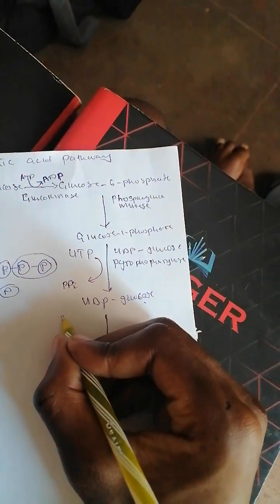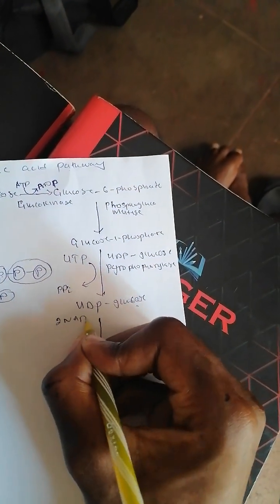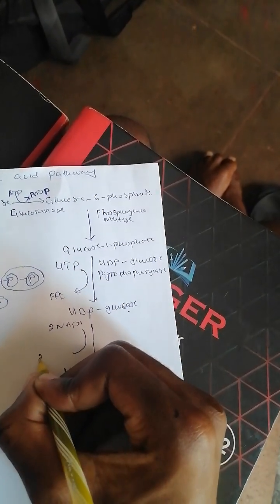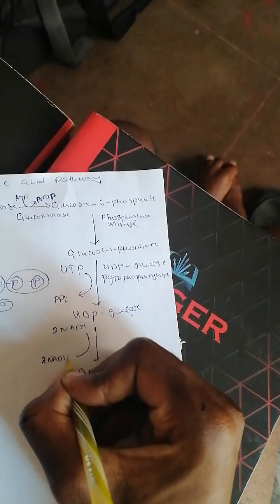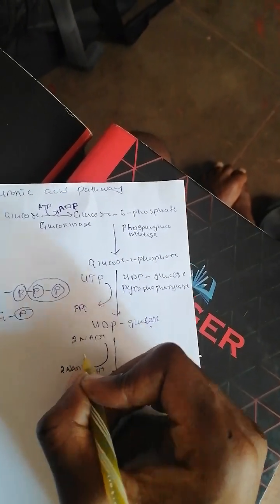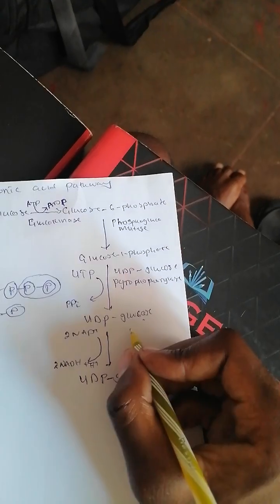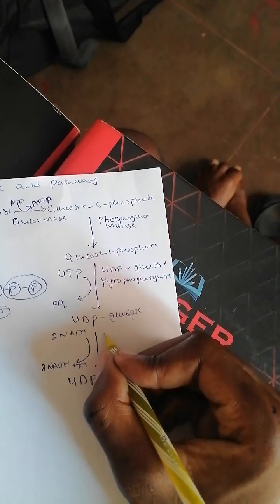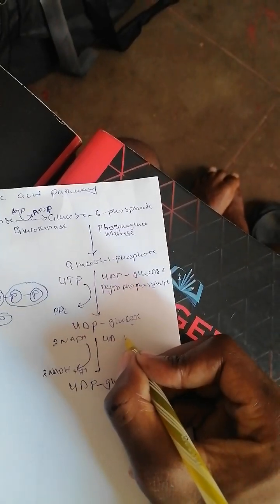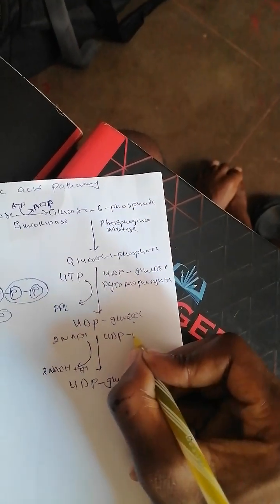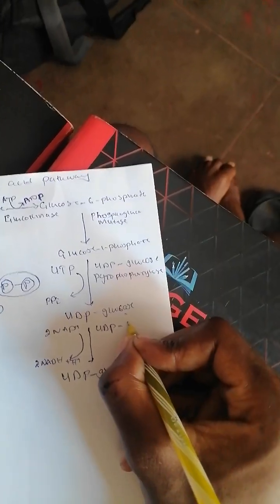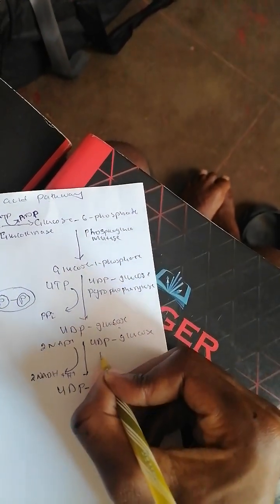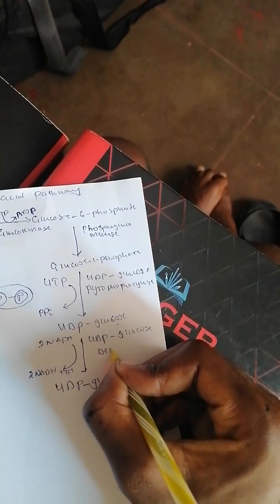We're having NAD positive producing 2 NADH plus H, and the enzyme doing this is UDP glucose dehydrogenase.